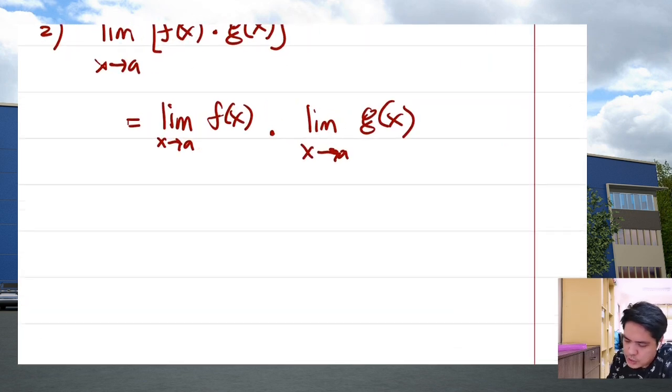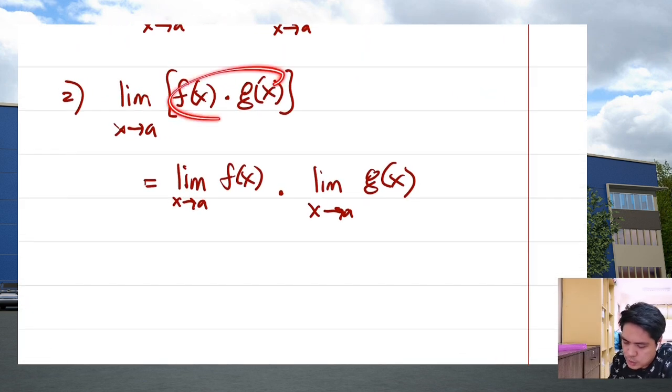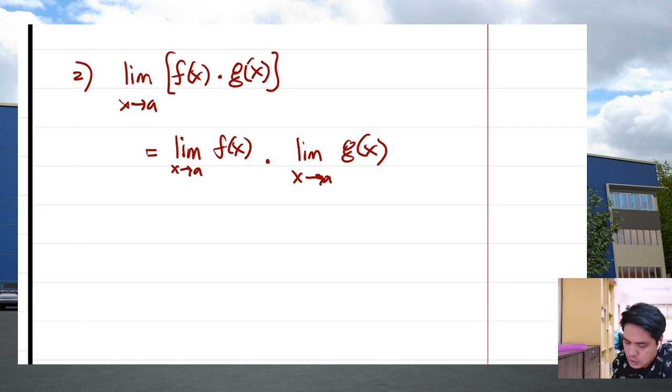So therefore, we say that the limit of the product of two or more functions is just equal to the product of the limits of each function. Okay? But we know that multiplication and division are related, but of course, we need to properly describe that.